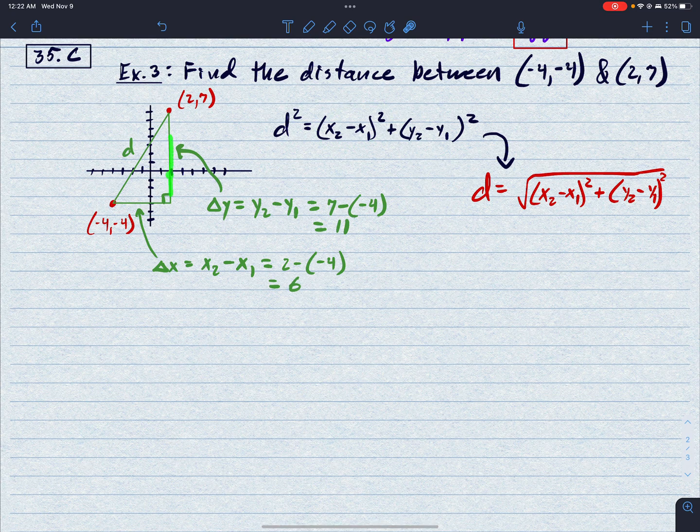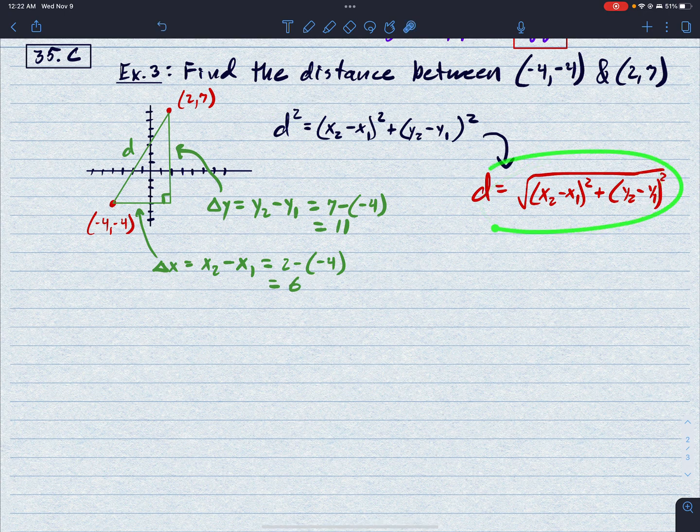And then the vertical side is y2 minus y1, and if I square it, it's y2 minus y1 squared. So the sum of those two has to equal d squared. If I want the distance, I simply take the square root of both sides, which is what you see here in this red formula.